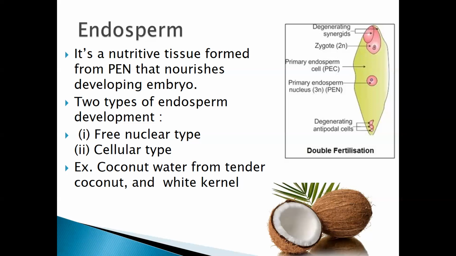And two types of endosperm development are there. How many types of endosperm development? Two types. One is free nuclear type, another is cellular type of endosperm development.